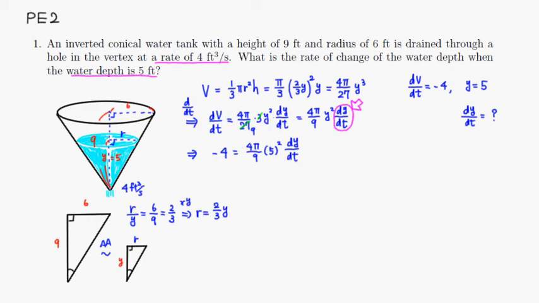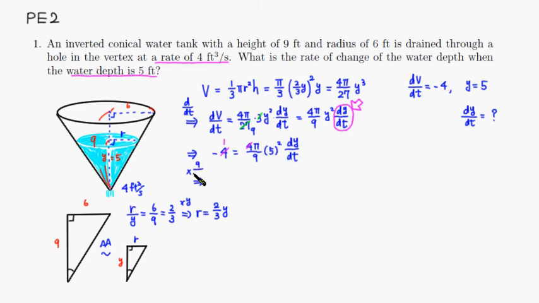First, I would divide through by 4, because you can see 4 on both sides. Then we have to get rid of the 9 on the bottom, so we multiply by 9 and divide by 25 pi.